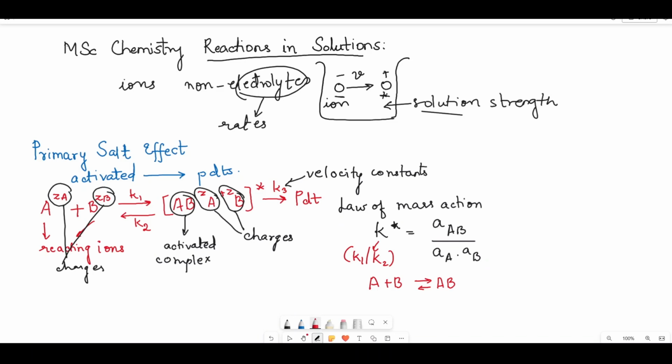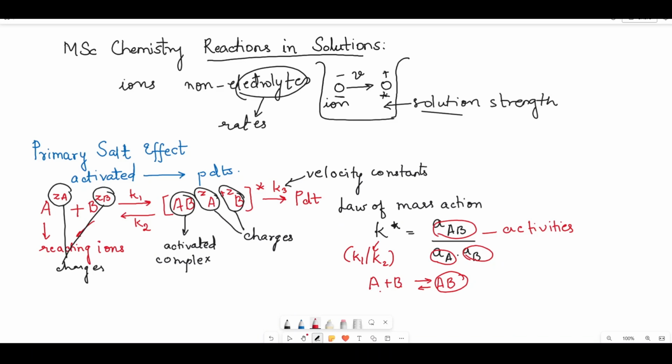Here a of A, a of B, and a of AB represent the activities of reactants A, B, and activated complex AB.